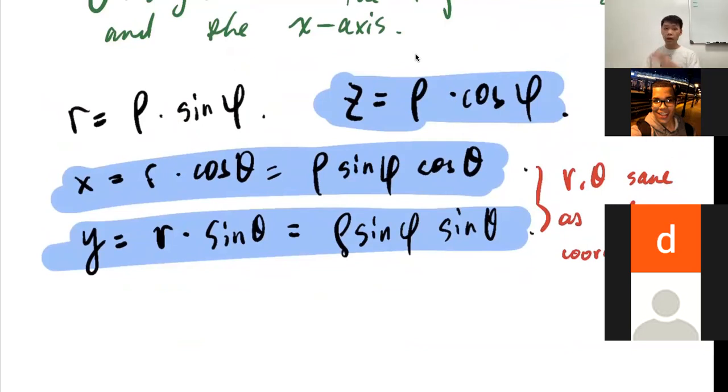We mimic the way of representing points on the sphere, and then we use this way to represent the point in three-dimensional Euclidean space. Basically, we group the points with the same radius, and then we change the angles phi and theta to represent a point on the sphere. Okay. All right. Any questions so far?